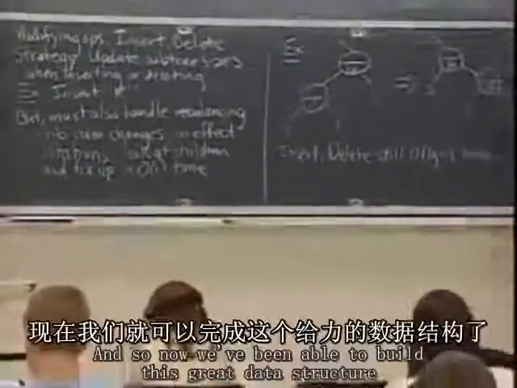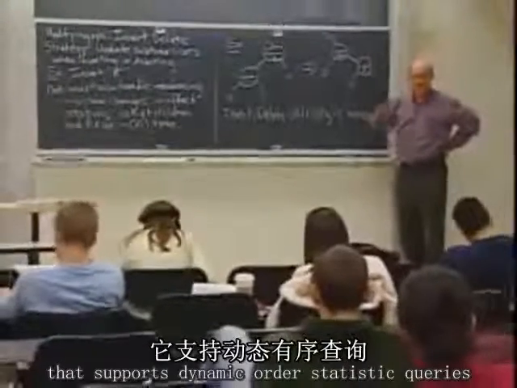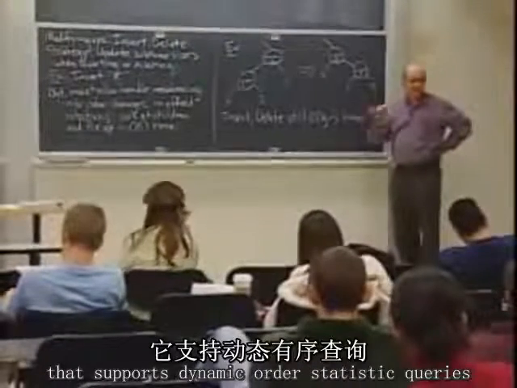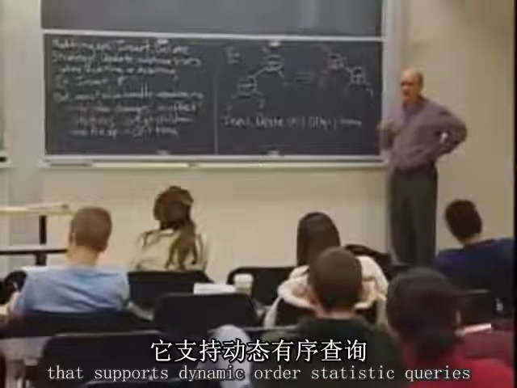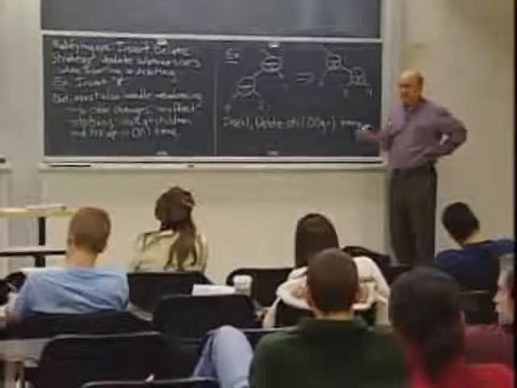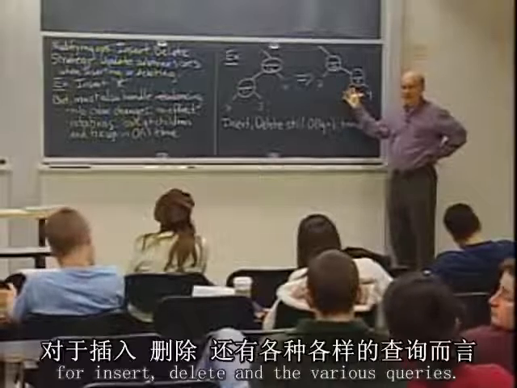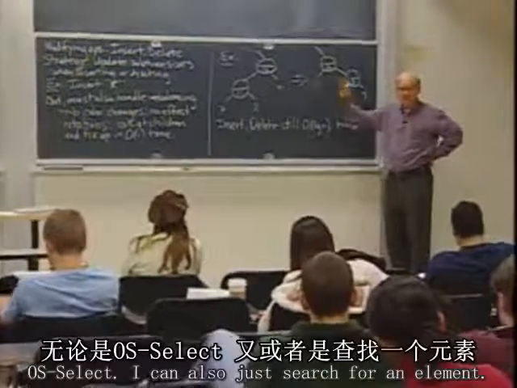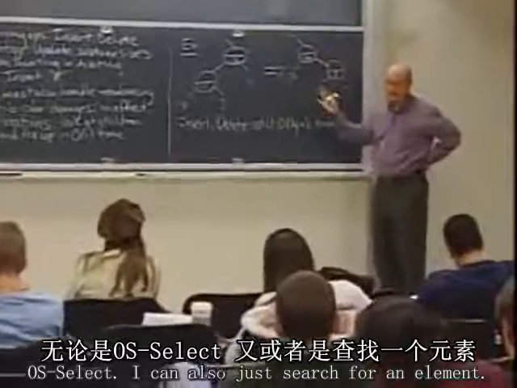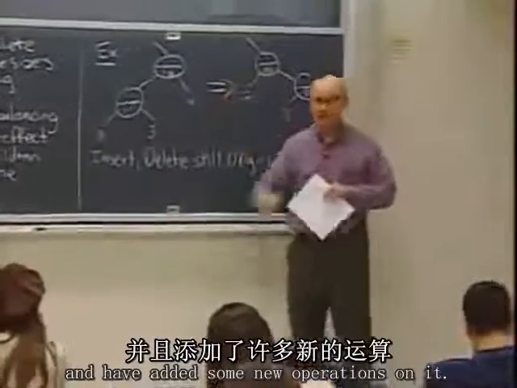And so now we've been able to build this great data structure that supports dynamic order statistic queries. It works in order log n time for insert, delete, and the various queries you do, like OS select. I can also just search for an element. So I've taken the basic data structure and added some new operations on it.